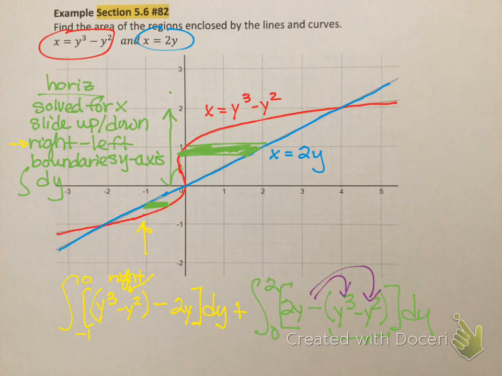And another thing that I have found is, not in this instance, but students tend to not combine like terms, and that makes your problem have so much more work. In this instance, there's no like terms here, and there's no like terms here. But if there were, you would want to combine those before you integrate.